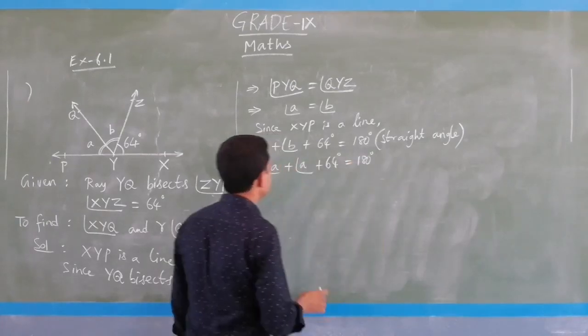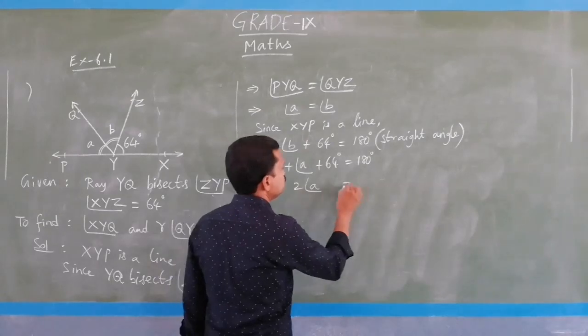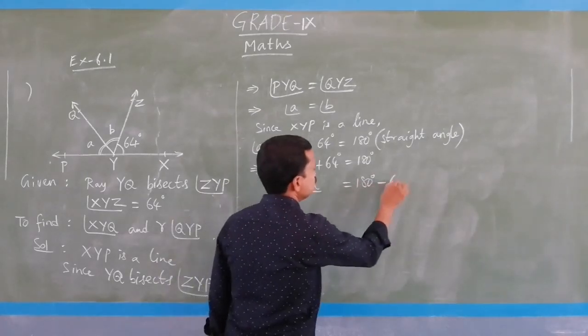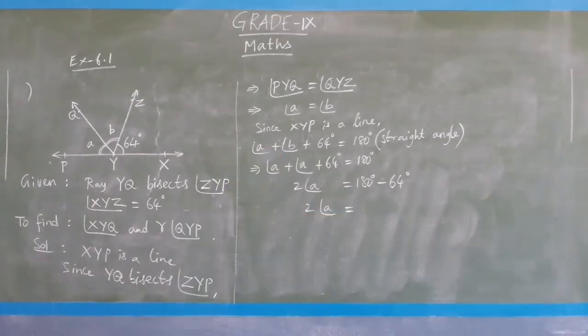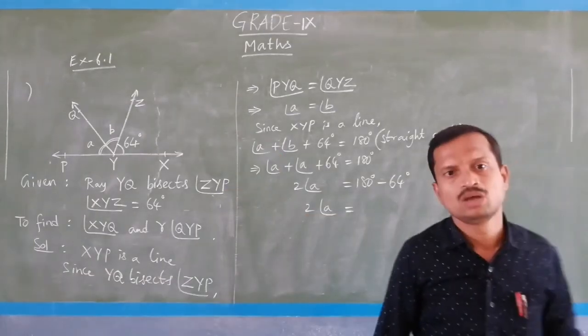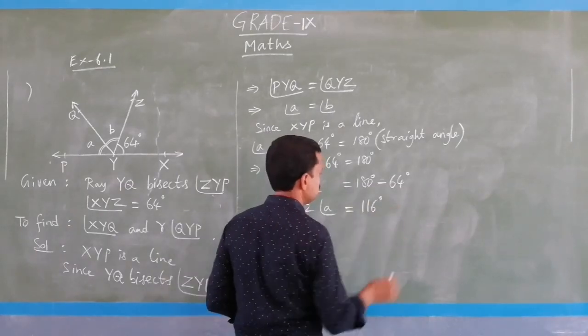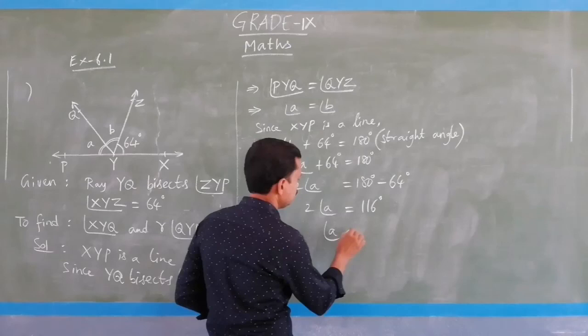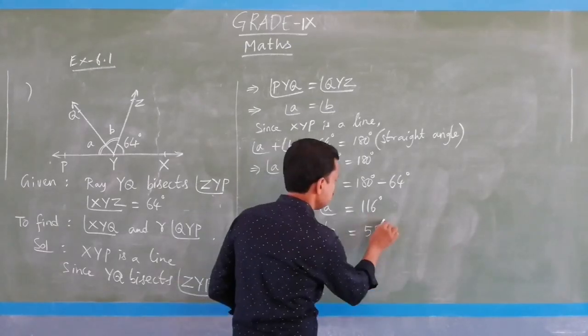So now we get A plus A, 2 angle A, that is equal to 180 degree minus 64 degree. Clear? And 2 angle A is equal to 116 degree. So angle A equals 116 by 2, we get 58 degree.